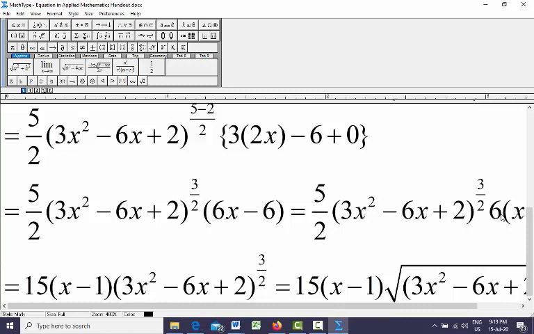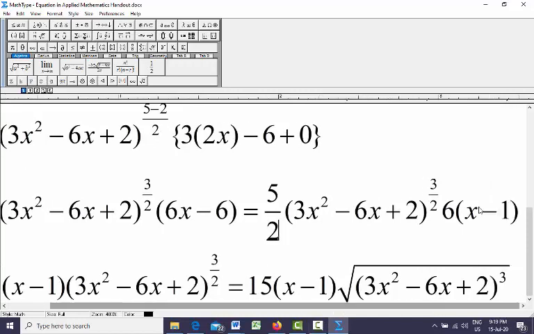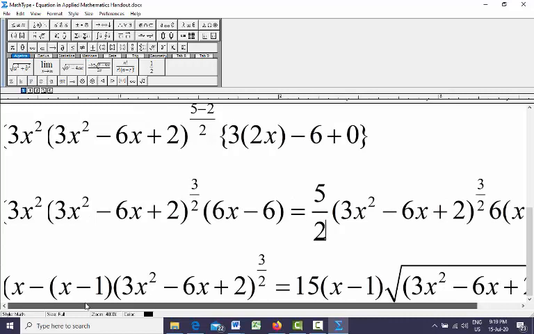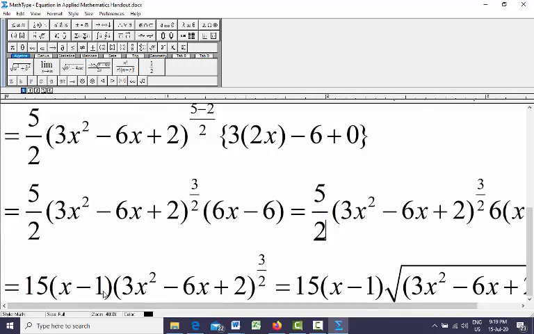We will have 3 here. 3 multiplied by 5 is 15, and from here we have 6x minus 1. So 15 multiplied by x minus 1 multiplied by this one, power 3 by 2.